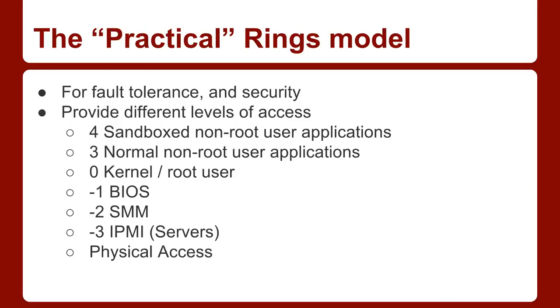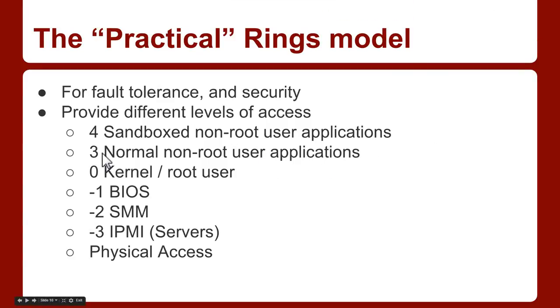However, I'd like to cover a more practical model, since ring 1 and 2 are not really widely used, although there are efforts to make the Linux kernel more microkernel-y instead of the monolithic nature it is right now.